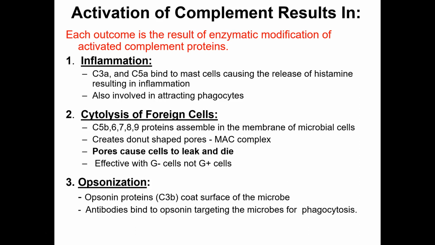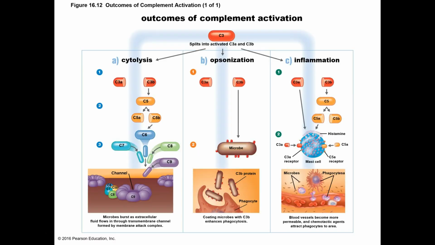The other thing they can do, which is a bit more ruthless, is they can directly attack bacterial cells. Now, there's one big restriction. Cytolysis is only effective against gram-negatives. So these smaller C proteins, like C9 and C6 or C8, they'll form what's called MAC complexes.